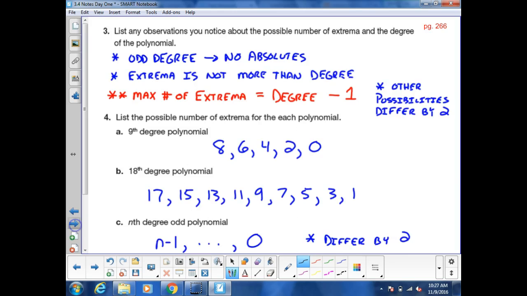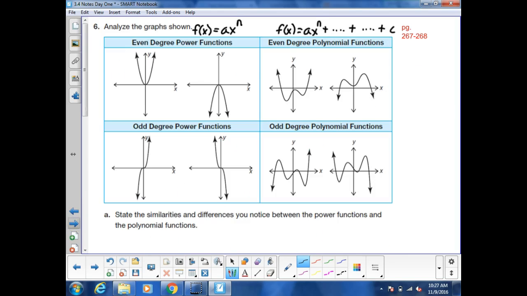Okay? What I'd like you and your shoulder partner to do now is, based off of that, answer the questions A through E on pages 267 and 268. Okay? Go. Similarities or differences between the power functions and the polynomial function.